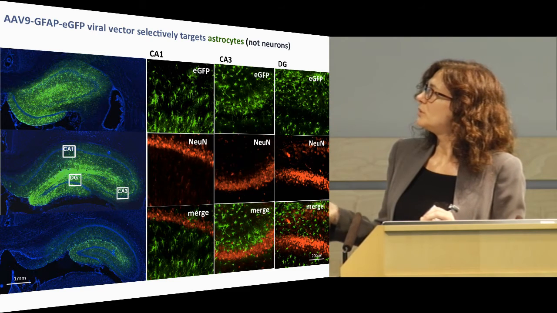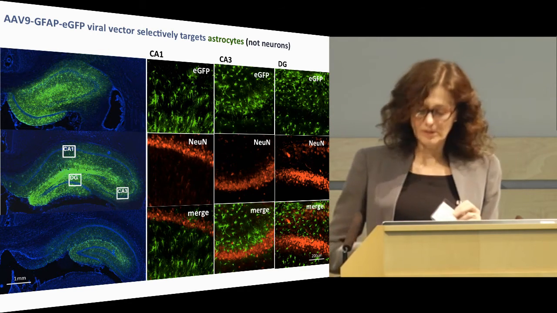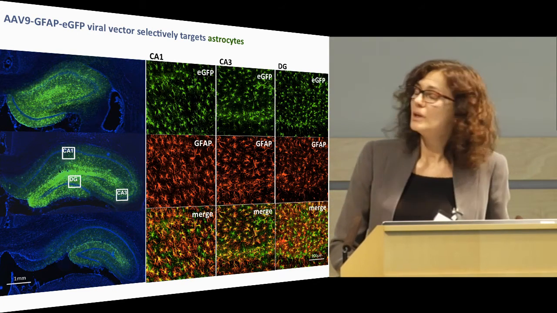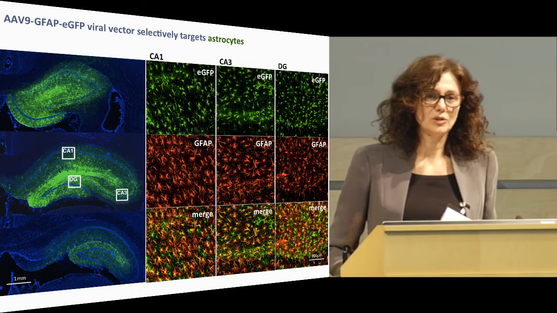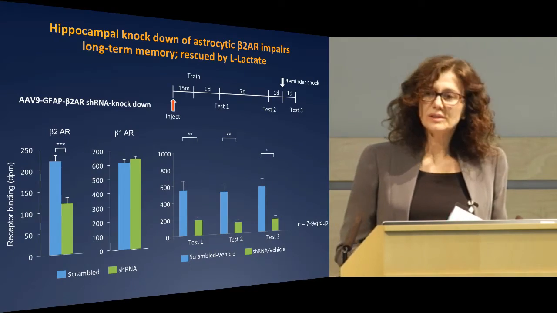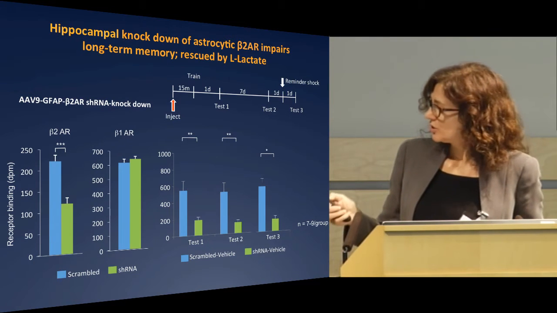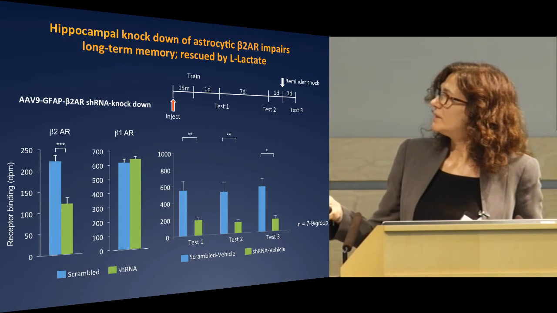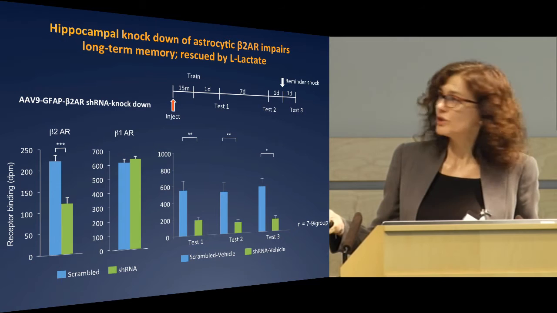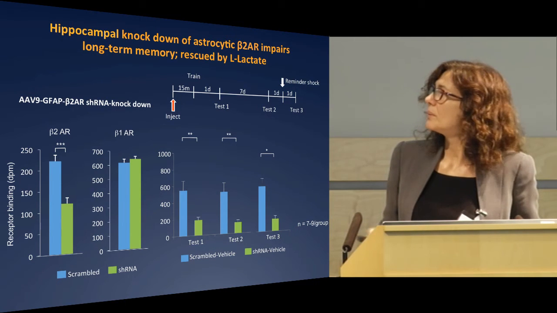And when we do the merging, we see that they are not in neurons. So it's an astrocytic expression. Using this virus and targeting astrocytes selectively, she confirmed that beta-2 adrenergic receptor expression is knocked down by the viral infection, but not the beta-1 adrenergic receptor levels.